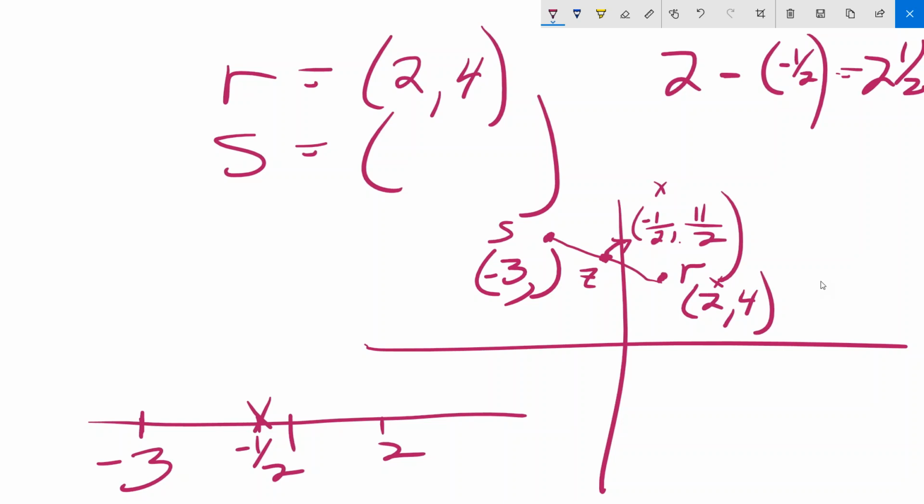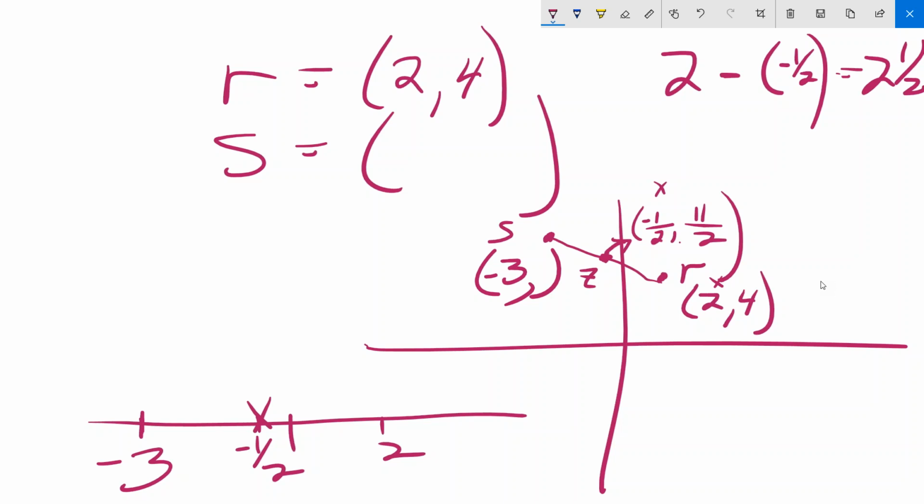How far up do I have to go from 4 to get to 11.5? Wait, repeat that? How far up do I have to go? In other words, Z is above the y-coordinate of R, correct? It's at 11.5, so that's 5.5. Of course it's above.